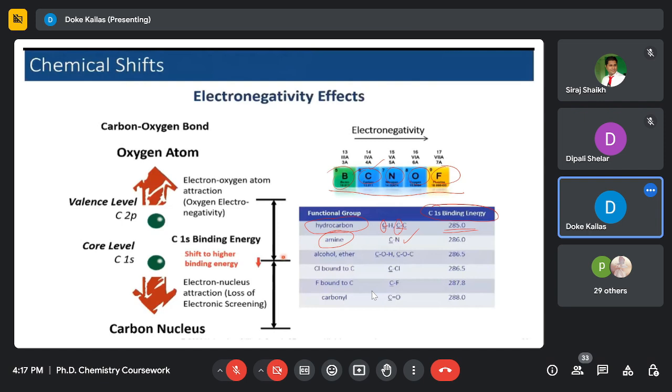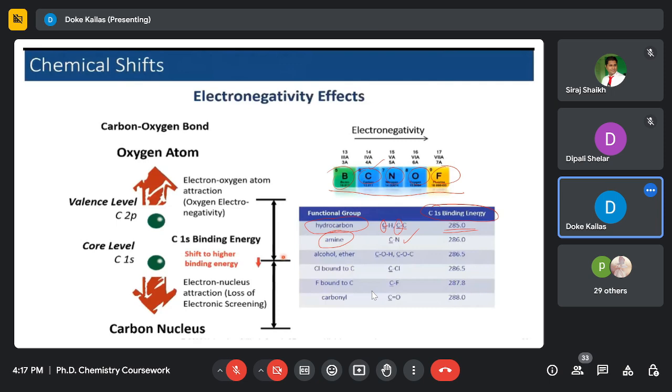Not only electronegativity matters: in a carbonyl carbon double bonded with oxygen, the binding energy further increases compared to a single bonded carbon with oxygen, which has a binding energy of 286.5, and here it becomes 288 electron volts.